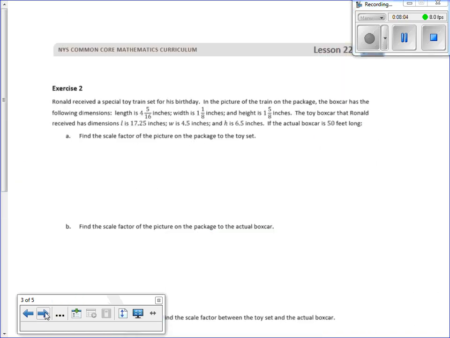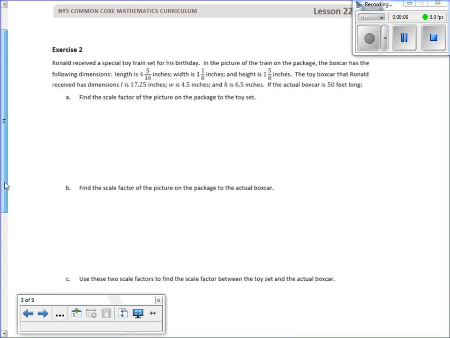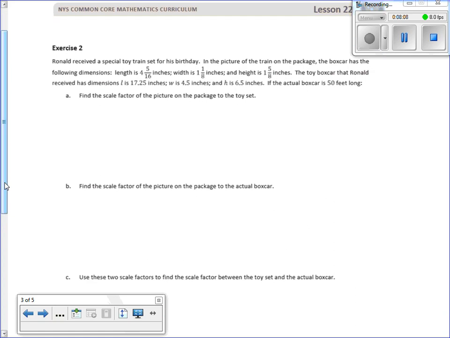Exercise 2. Ronald received a special toy train set for his birthday. In the picture of the train on the package, the boxcar has the following dimensions. Okay, so I'm going to use red for the package. So here are our measurements from the package.